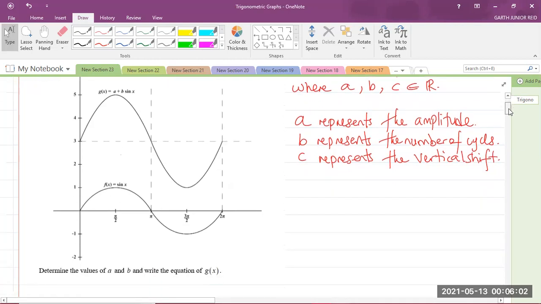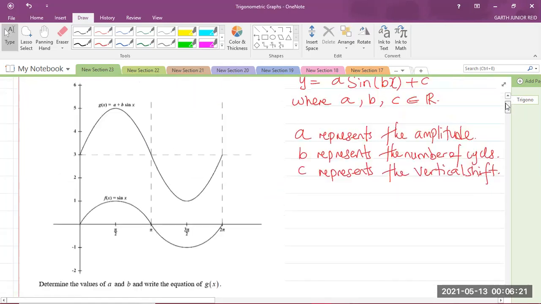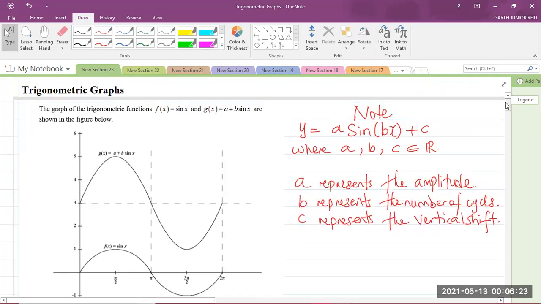So let me scroll down and write solution. Now, what I'm going to do first is to find the value of a. In the question, g of x is equal to a plus b sine x.